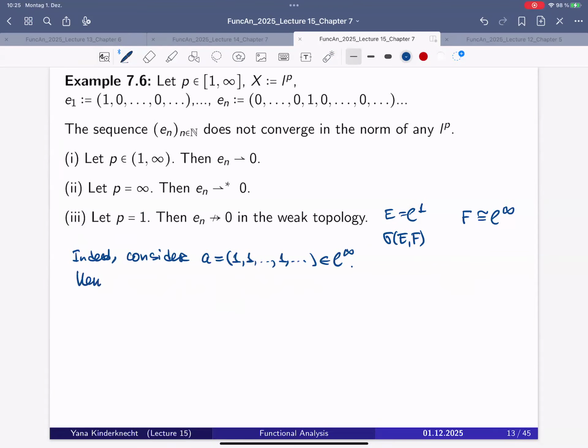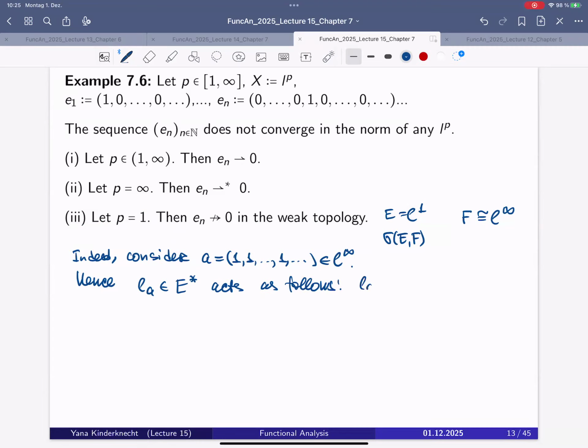Hence, if we apply L_a, which belongs to the topological dual of E, it acts as follows on the elements of my sequence.